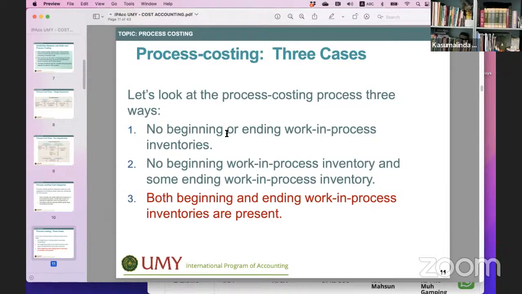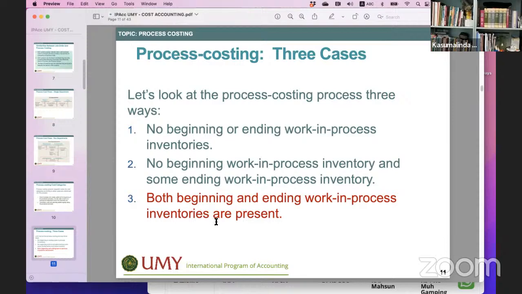The first scenario is no beginning or ending work in process inventory. The second one, no beginning work in process inventory, but they have some ending work in process inventory. And the third scenario, they have both beginning and also ending work in process inventory.